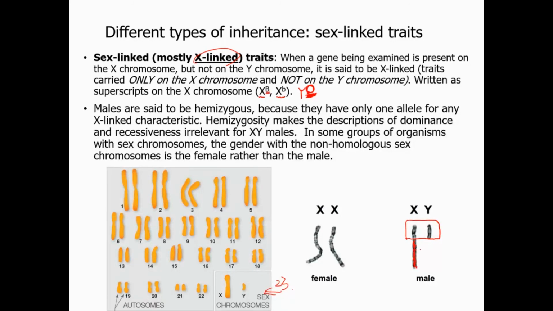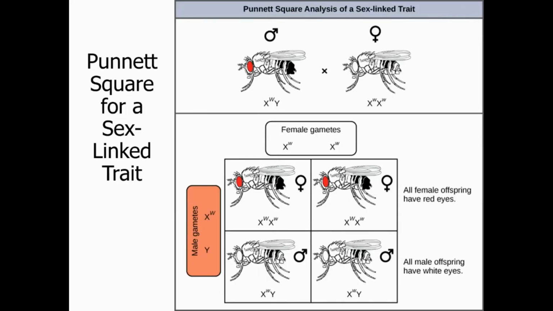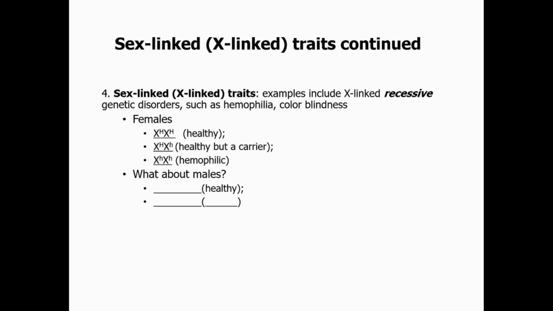So all the traits coded by these genes, which are not present on the Y chromosome, are going to be linked to the X chromosome, because you can't find them on Y. Hopefully that makes sense. Now let's look at some examples, and then we're going to do the Punnett square for sex-linked traits.